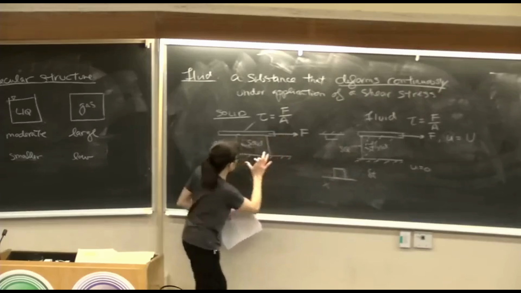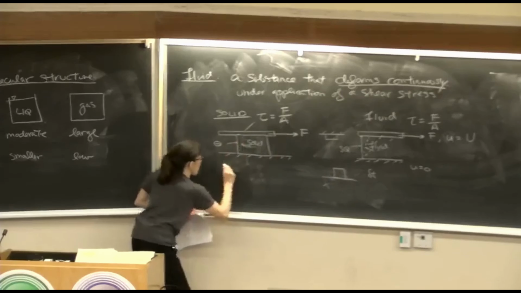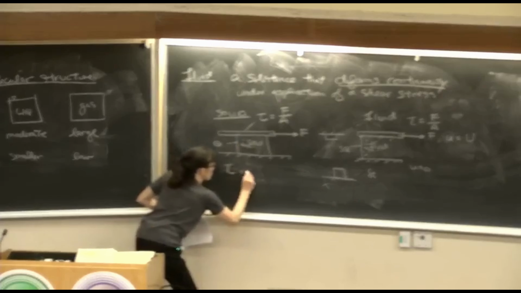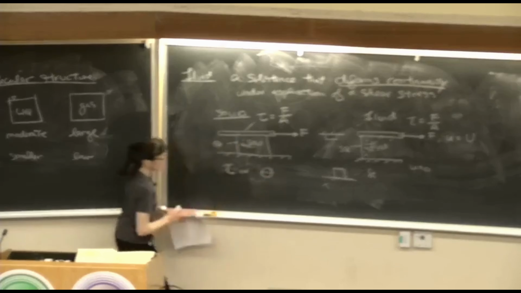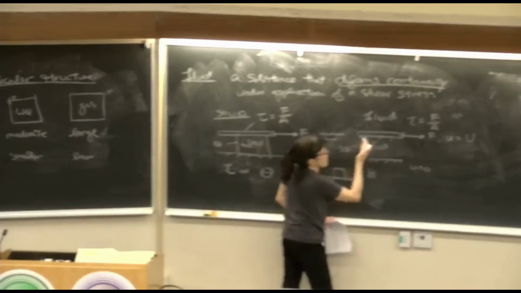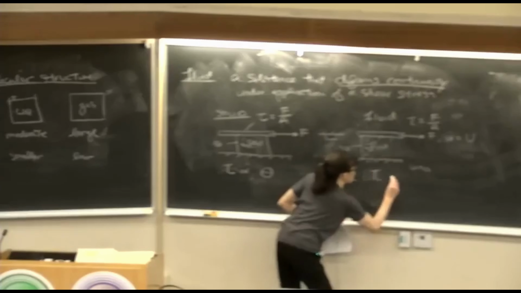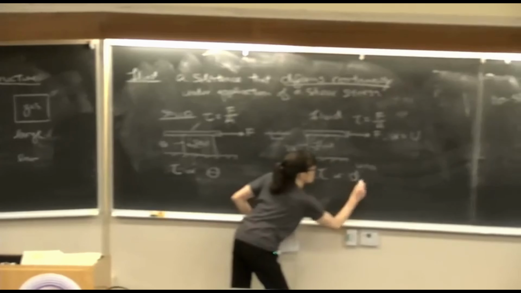A solid cares about how much it deforms. And this shear stress is proportional to the deformation. A fluid will care about how fast the deformation occurs. So here, the shear stress is proportional to the rate of deformation, d theta dt.